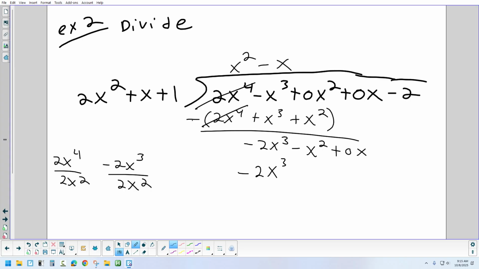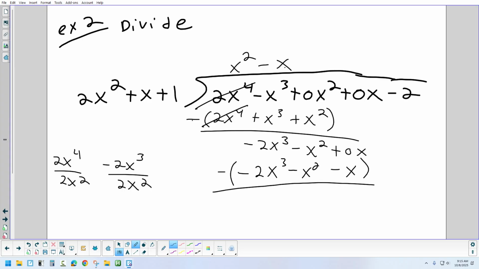Negative x squared. We're multiplying an x times an x, which is going to give us something with an x to the second. Negative x to the second. And then negative x times positive 1 is negative x.